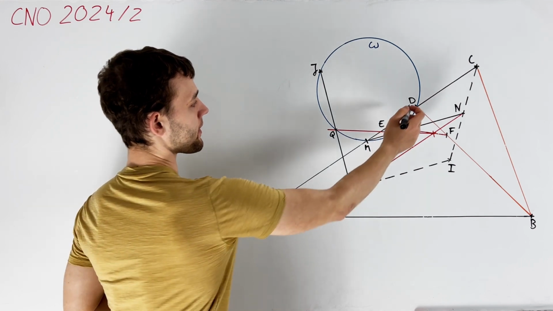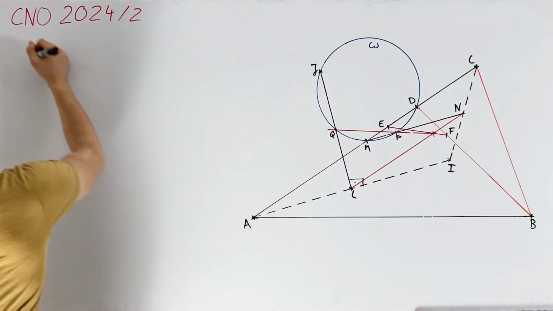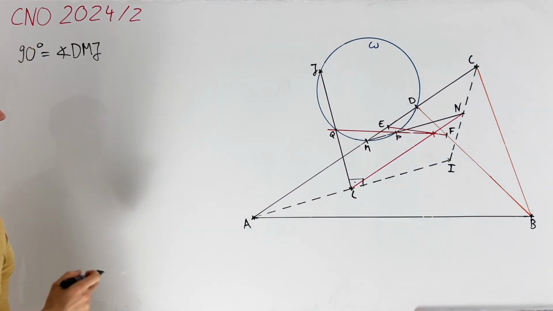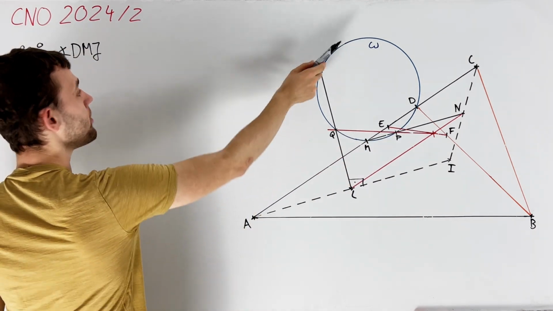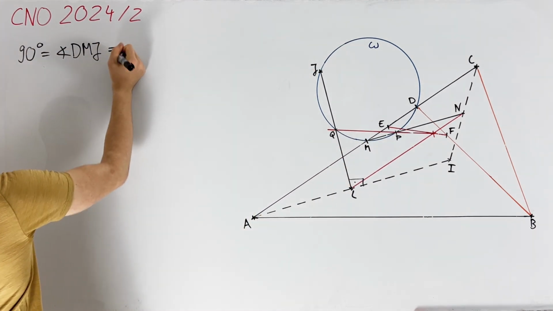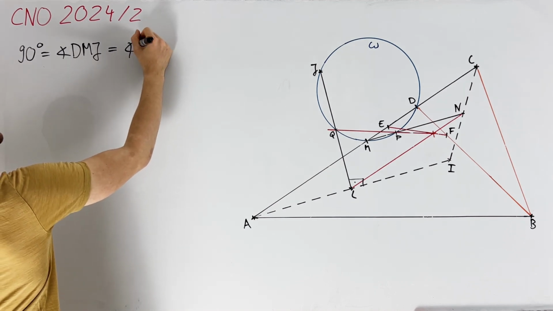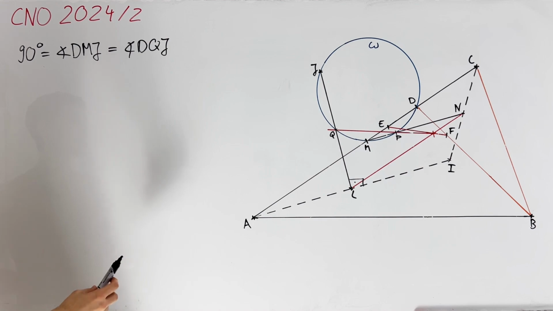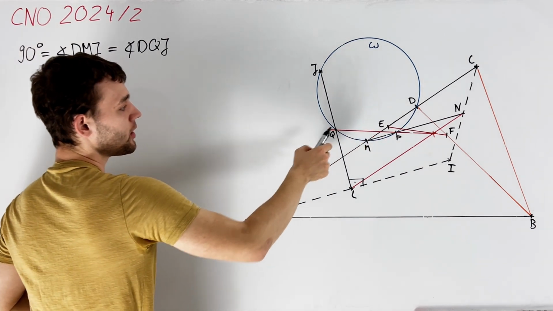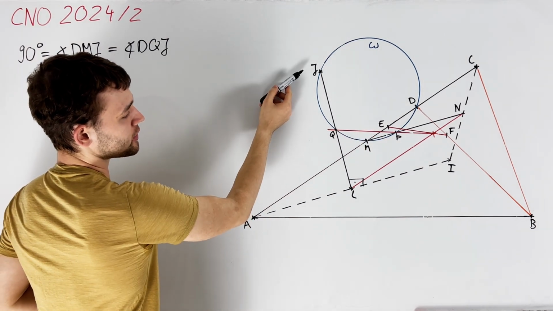Similarly, we also have that angle DMJ is equal to 90 degrees. Therefore, since points D, M, Q and J lie on a circle omega, this is equal to angle DQJ.